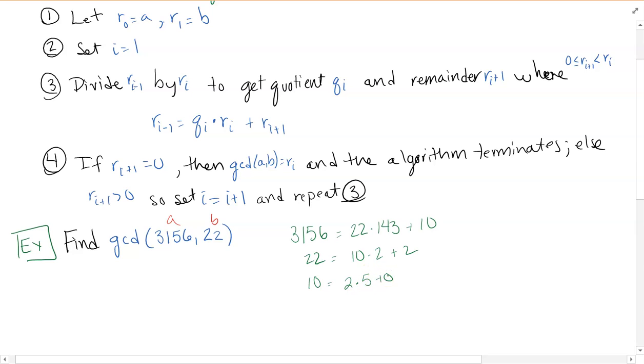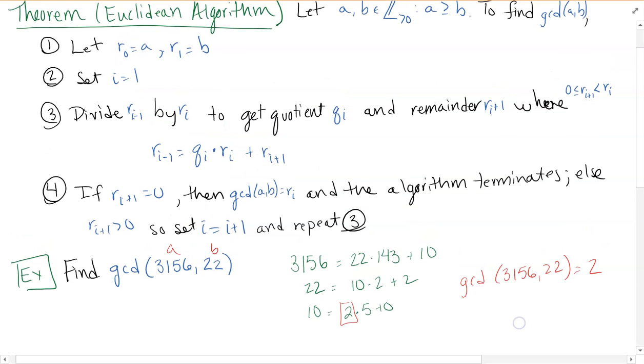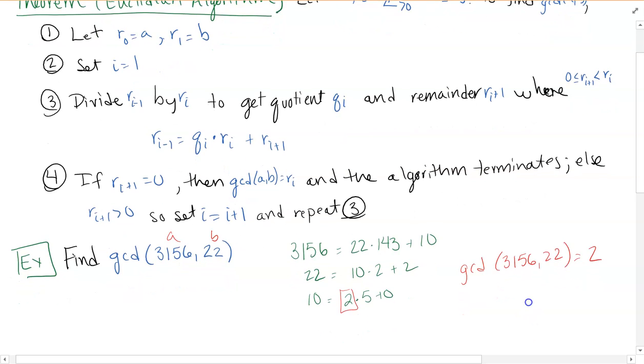Now I did get to a remainder of 0, so the GCD is that last nonzero remainder that I found, which is 2. So the GCD of 3156 and 22 is 2.